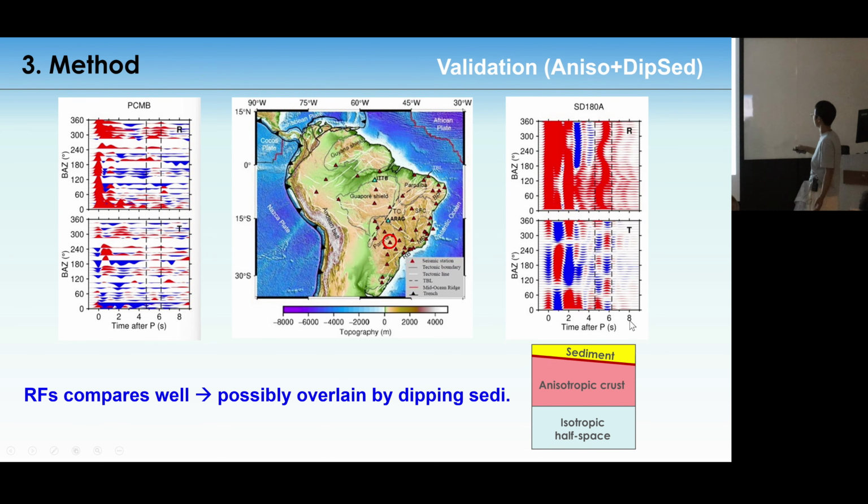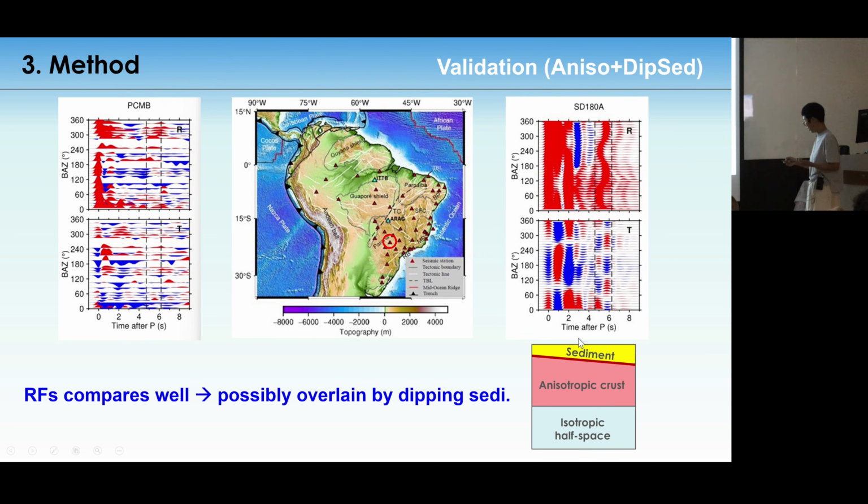Here is the synthetic receiver function that we made from this complicated model. When we compare, the phases look quite similar. So it's quite possible that this kind of seismic station may have an anisotropic crust overlain by dipping sediment.